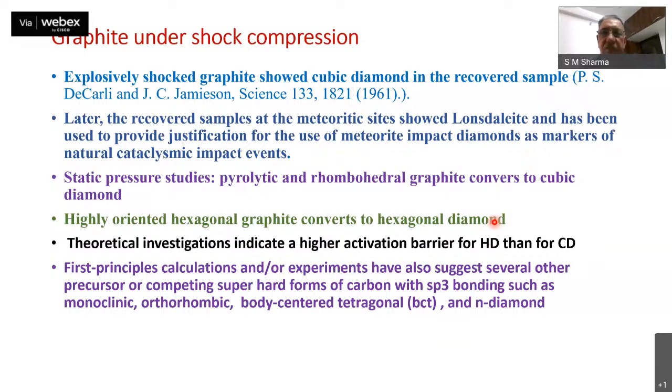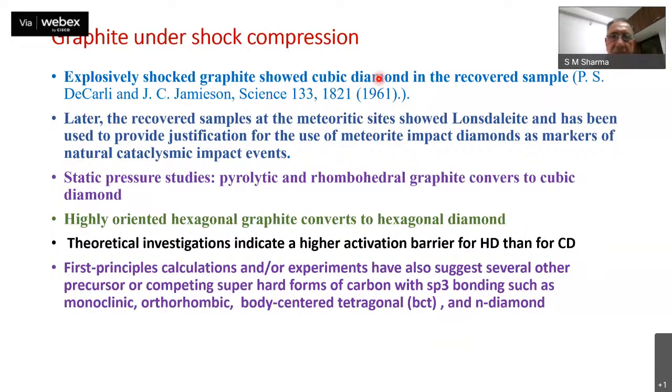And the recovered material was analyzed, and they found that it had cubic diamond in it. So this led to a lot of excitement, because once the shock recovered material had diamond in it, that had implications. I'll just briefly mention this.